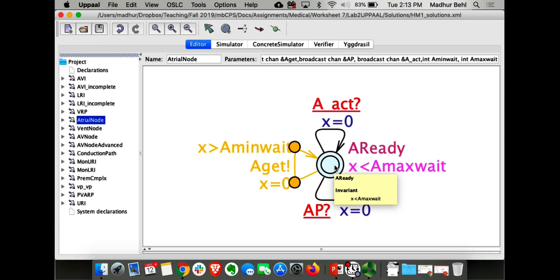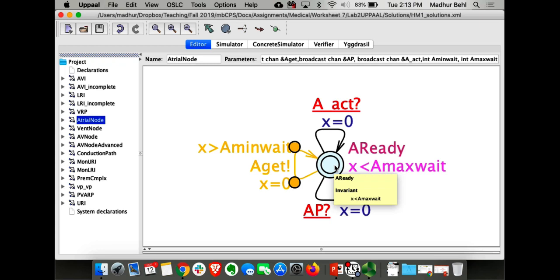In reality, the behavior of the atrium, especially as seen from the pacemaker, would be of the form that there is some interval of time within which the atria can depolarize at any time. They will not always depolarize at 150 milliseconds as defined. It could be anywhere from 100 milliseconds to 400 milliseconds, for example.